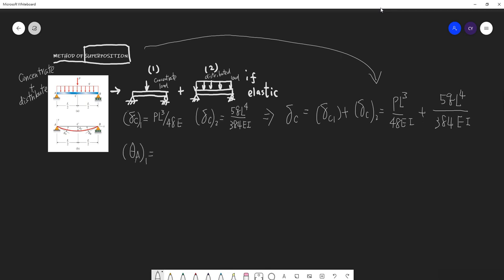And about theta A, number 1 is equal to PL square over 16EI. And theta A, number 2, is equal to QL^3 over 24EI.